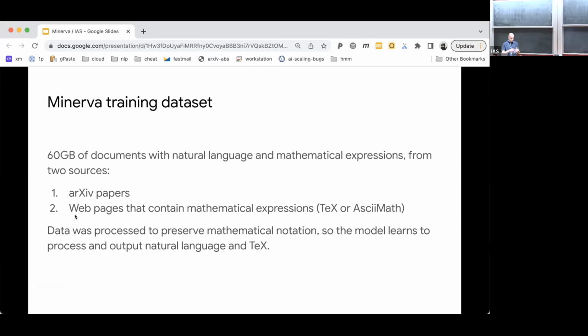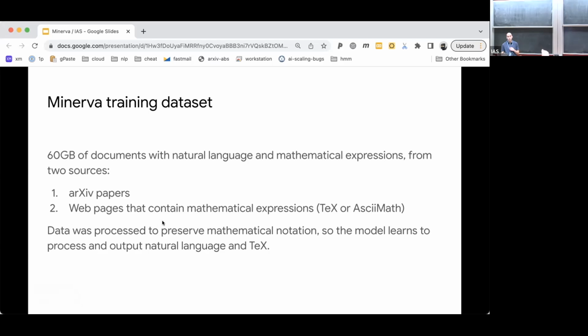Right, so we took the web pages that Google scrapes from the web, and we filtered them for those that contain math in MathJax or MathML, if you're familiar with those plugins. And then we processed the data. So arXiv papers didn't need much processing, but for the HTML pages, we removed all the HTML tags, but we kept the LaTeX in there.